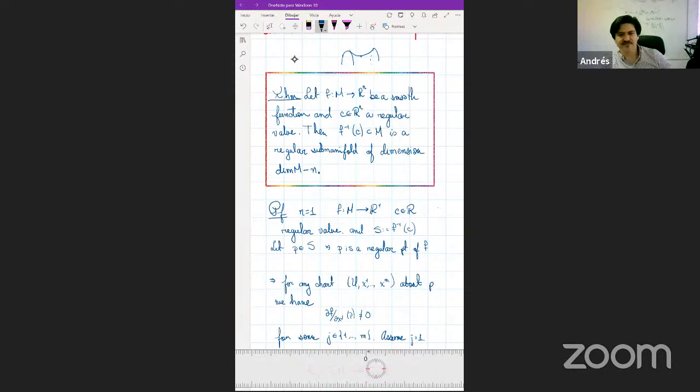At least for one, okay? Because I'm assuming that, from hypothesis, C is a regular value, P is a regular point, so the differential cannot be zero. So at least one of the partials is non-zero. Let's assume that it is the first one with respect to x1.